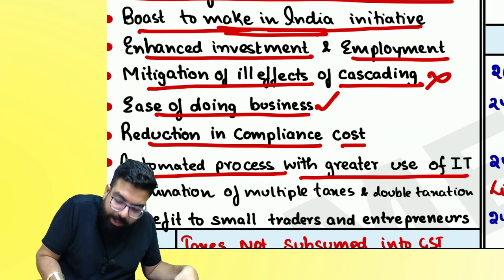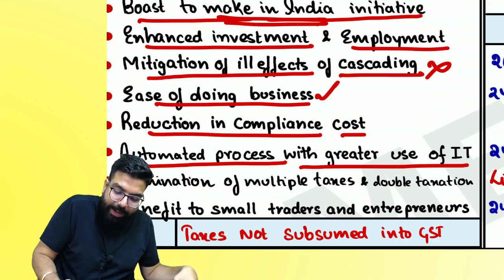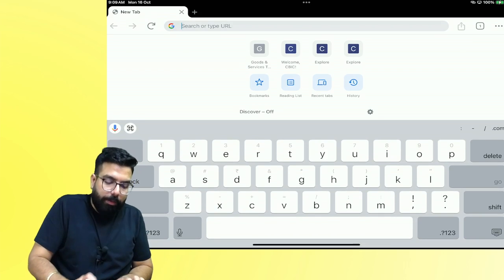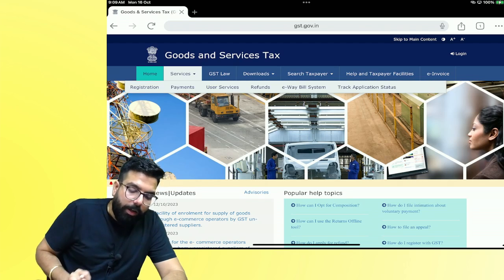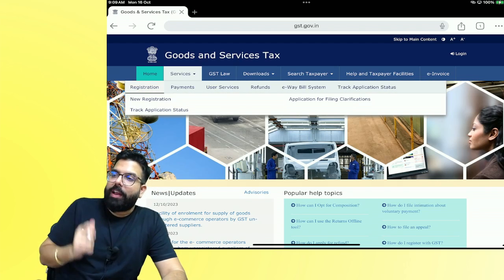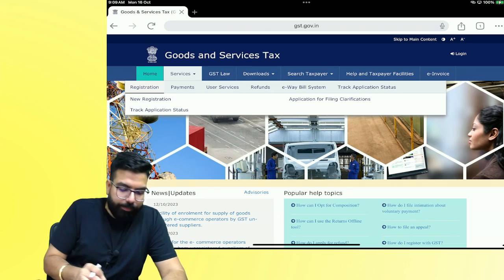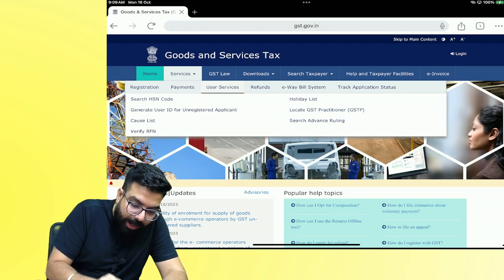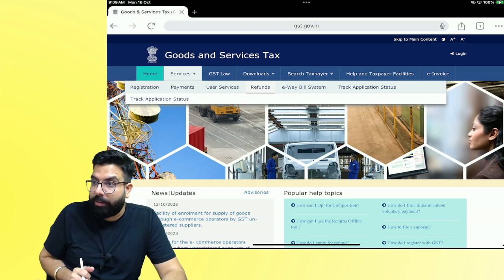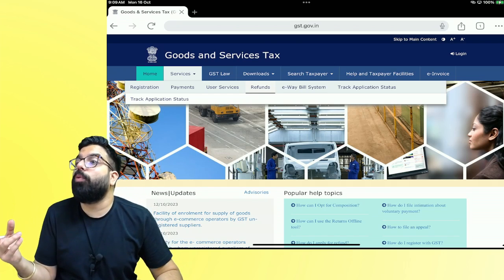Automated process with greater use of IT. Sir, what do you mean by IT? IT means information technology. If you see now in GST, you want registration? You can do it online. Automated process. Sir, I want to make GST payment. You can make automated payment. Sir, I want my GST refund. You can get an automatic refund. So every process is nowadays what, everyone?